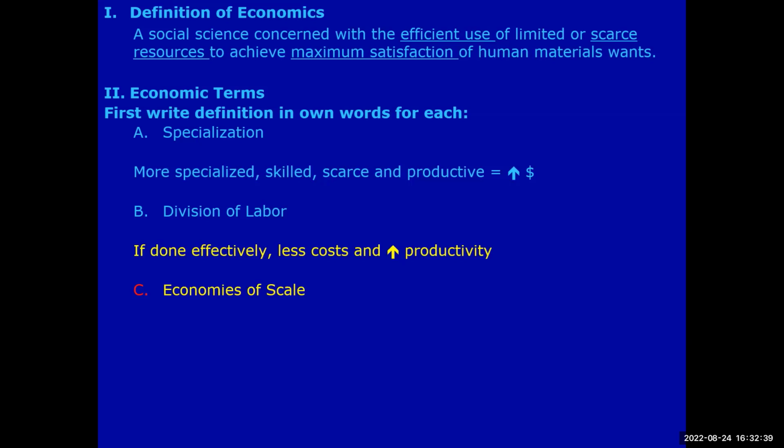So just like I put under specialization, write down that more specialized, skilled, and scarce and productive. But also, if you would, write this down below division of labor. Because what division of labor is, if you have many different workers who are skilled in different areas, and if you effectively make sure on your assembly line, in your restaurant, in any endeavor that requires different skills, that you have the most specialized, efficient worker at each part of the production or service process, that's going to lower a business's cost.